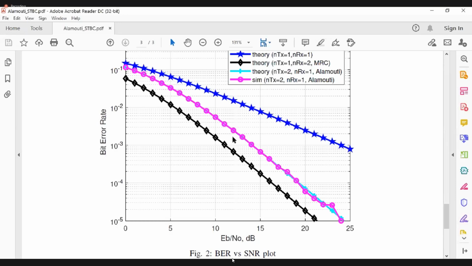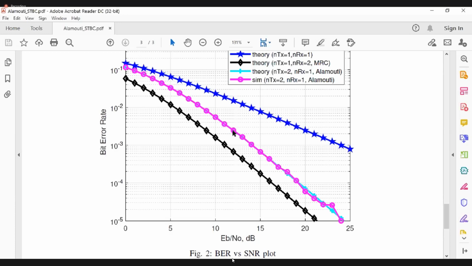Okay. So the Alamouti scheme has the same diversity order as the MRC scheme. The only drawback of the Alamouti scheme is that power is split among multiple time slots, or between 2 time slots.